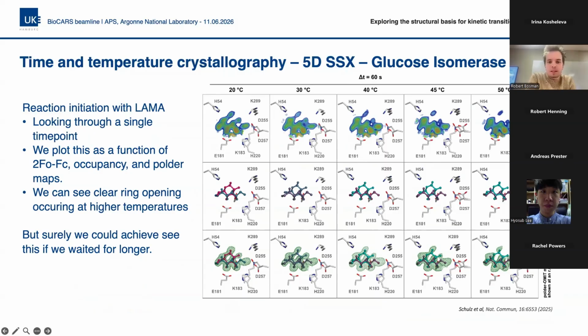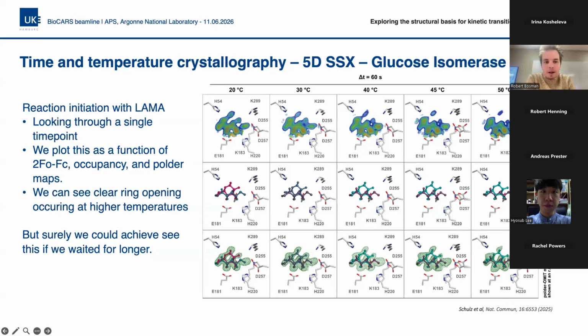As we raise the temperature, we see it turning into its more linear form, and we can model that as a function of occupancy, because again these will be mixed states, and so you need to model both. You can see that the occupancy of the closed state drops while the occupancy of the linearized state greatly increases as a function of temperature.